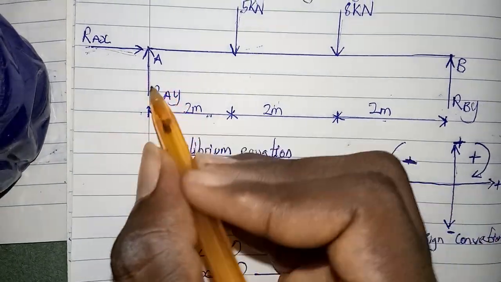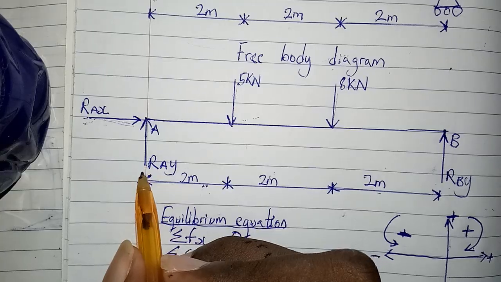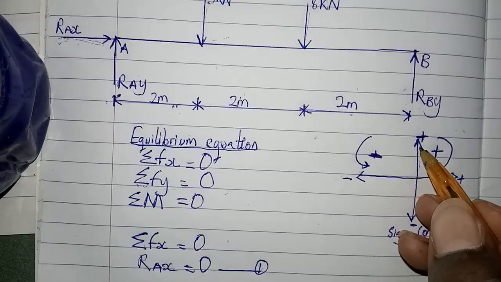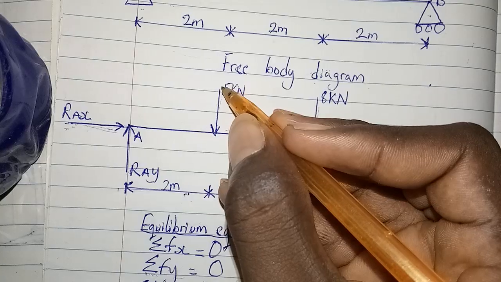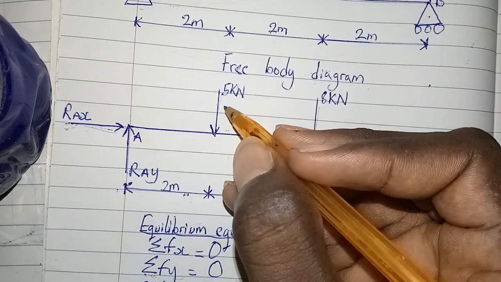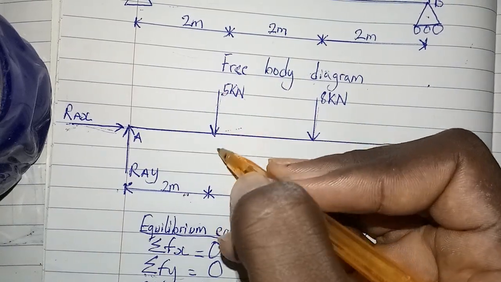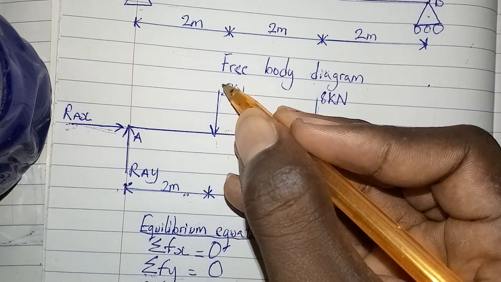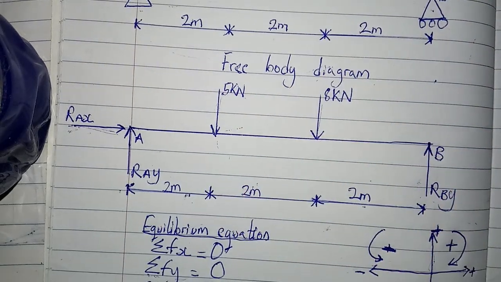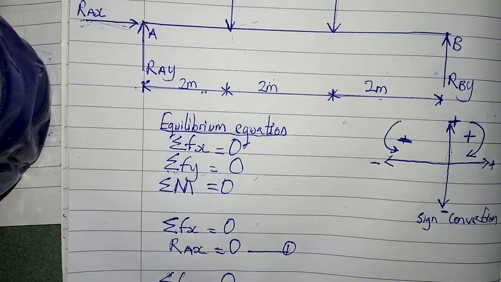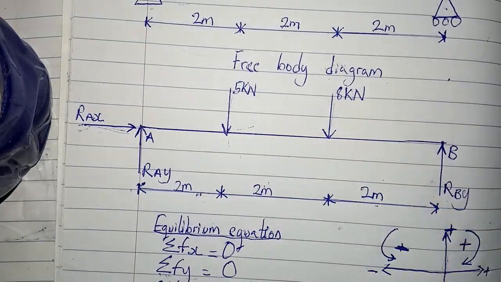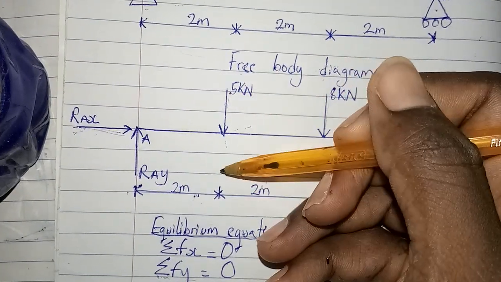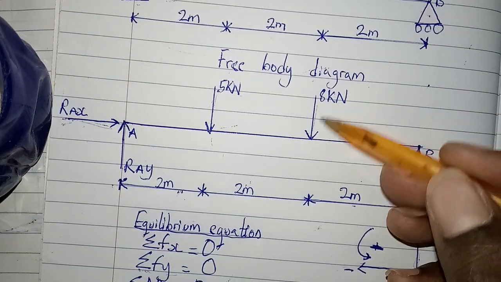It is positive because it is going upwards. And we have 5 kilonewtons. This force is going downwards, so it will be -5, and this one too will be -8.